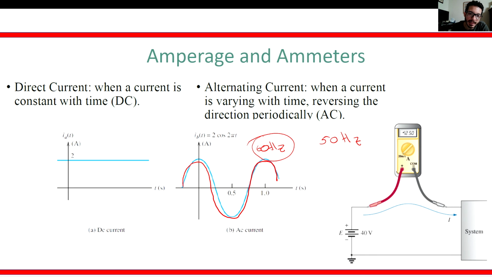But what is going on is the light bulb is turning on and off 60 times per second. So it's extremely fast. It's almost like DC to us, really, because DC is a constant power. So the light bulb is on all the time when it's DC, versus for AC, where a light bulb is turning on and off.